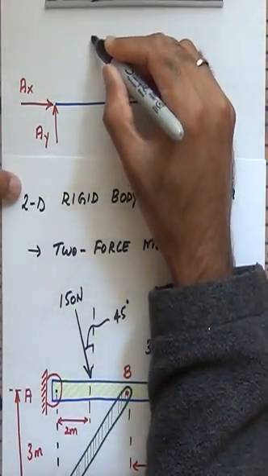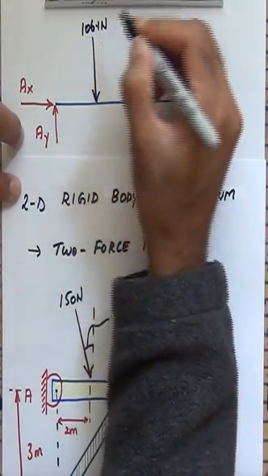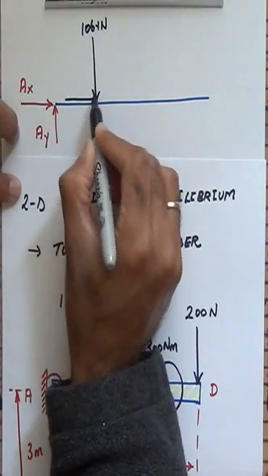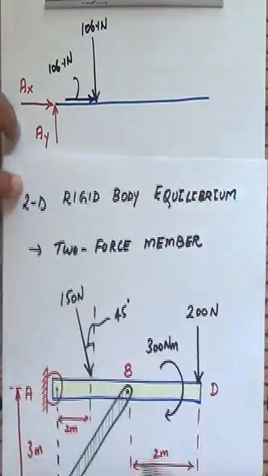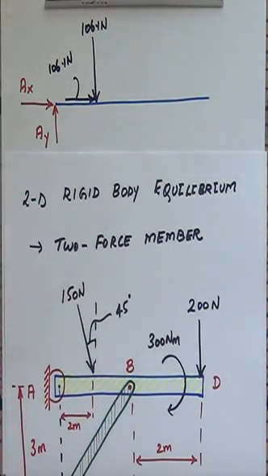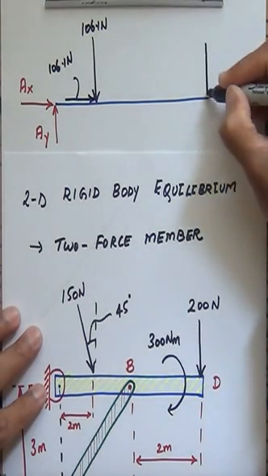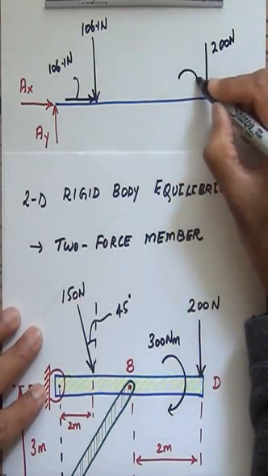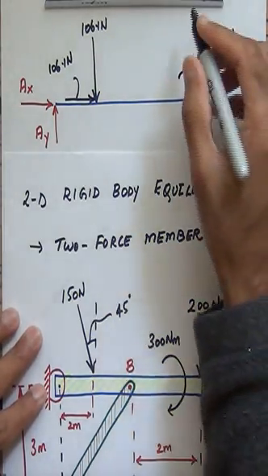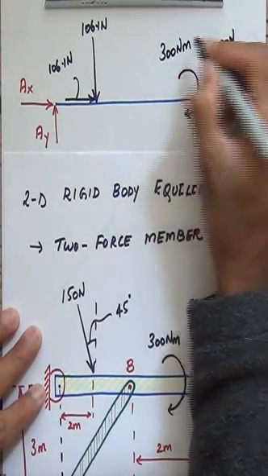So there's going to be first of all a 106.1 newton component vertically, and then a horizontal component as well, 106.1 newton force. As you can see, these are the components of the 150 newton force at an angle of 45 degrees. I have a couple more here. There is a 200 newton force which is acting vertically down, and then I have this couple moment which I also have to draw. This is acting clockwise, and this is of magnitude 300 newton meters.